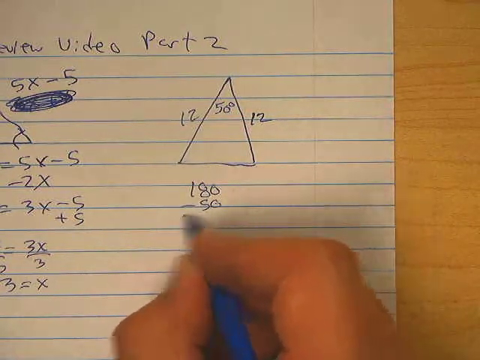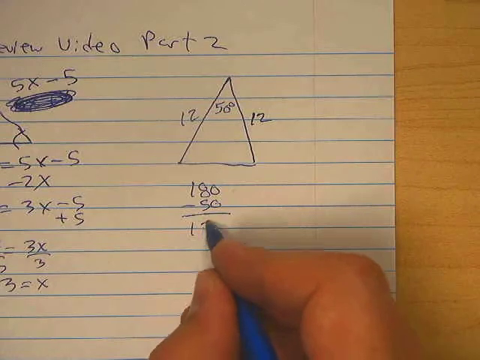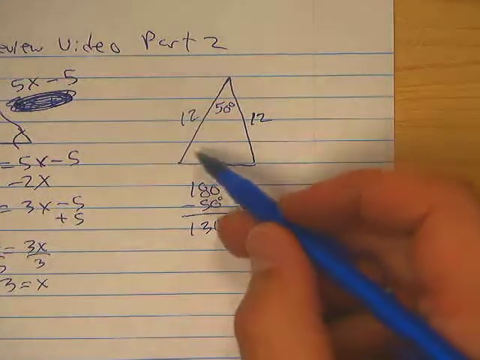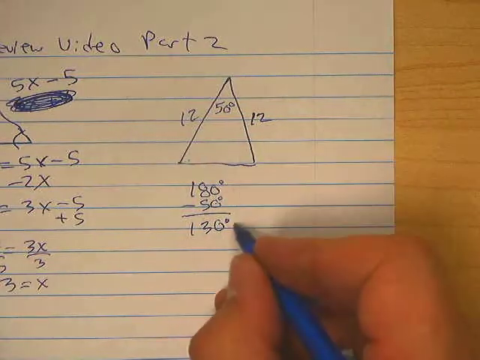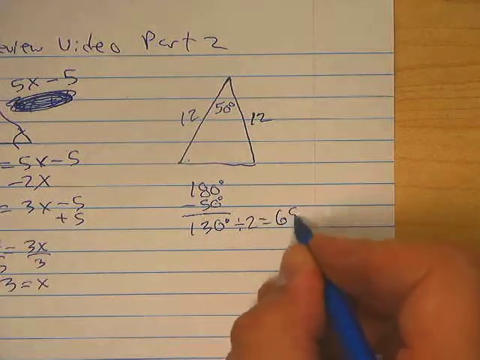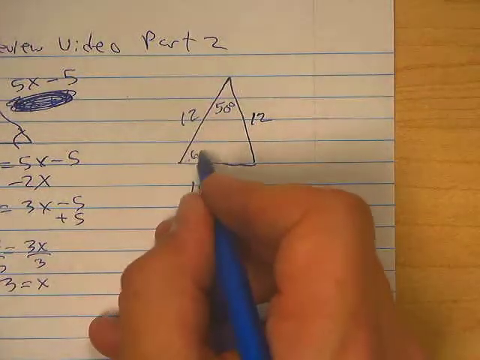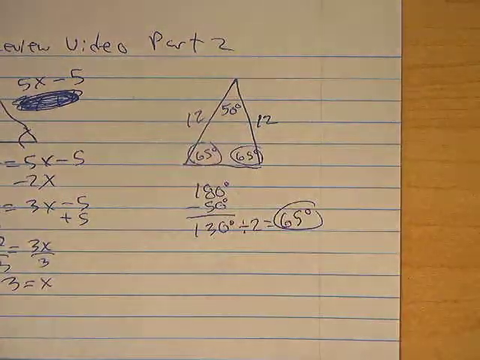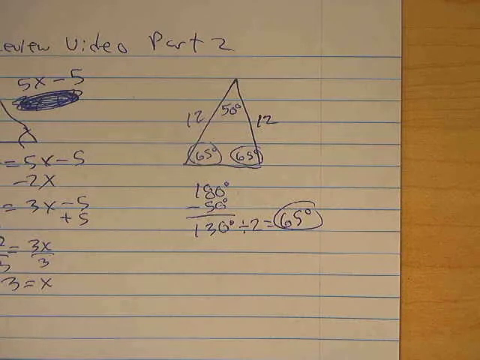I take 180 minus 50 gives me 130 degrees left over. Now, since these two are congruent, I just divide this by 2. Each of these angles has to be 65 degrees. That's the next part.